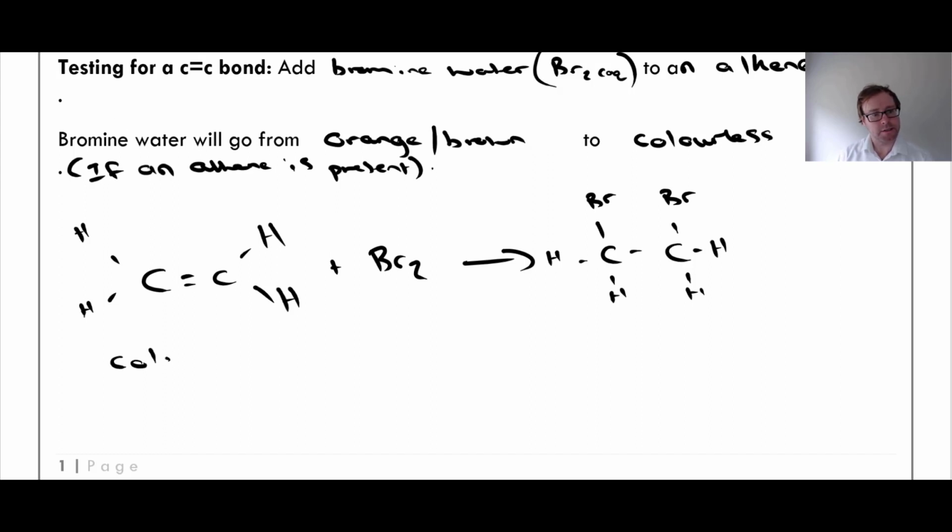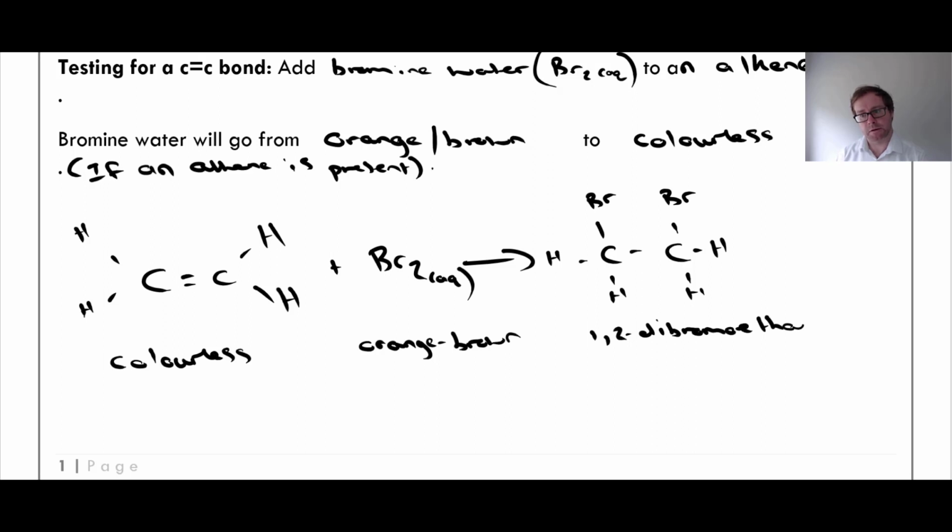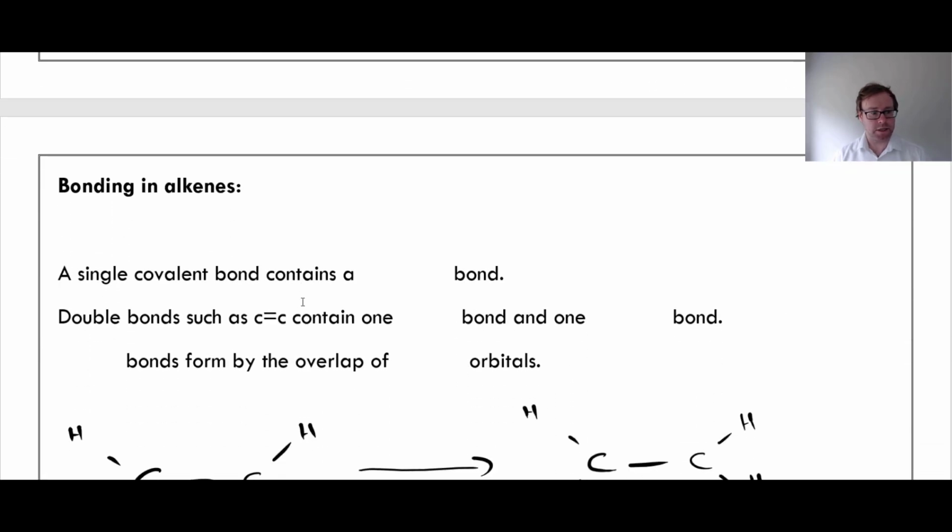The bromine water is orange-brown, and what I actually produce is 1,2-dibromoethane, which is also colourless, so that's why we see this colour change. We start with orange-brown and end up with colourless. Okay, so that's our test for a carbon-carbon double bond in an alkene.